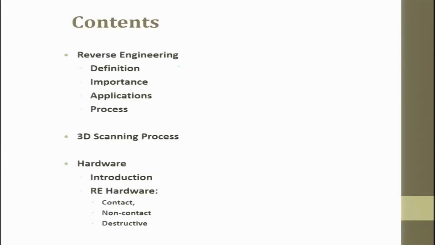In this lecture we will cover reverse engineering definitions, its importance, applications, and various processes. Then we will see the 3D scanning process and hardware, and an introduction to reverse engineering hardware in terms of contact, non-contact, and destructive. There is something called non-destructive and destructive.